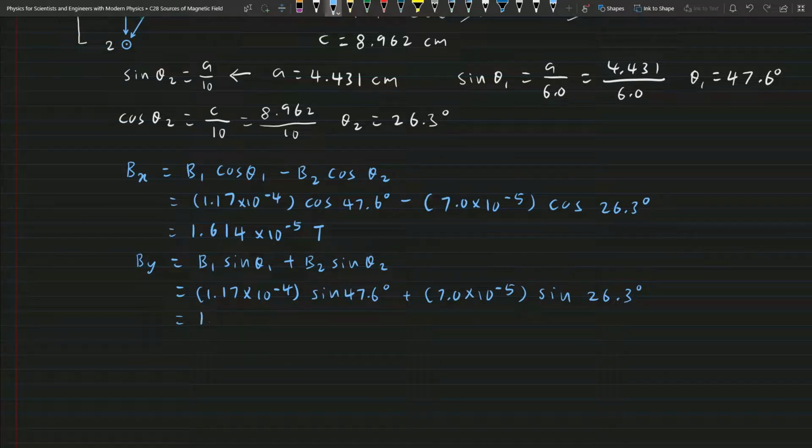I get 1.174 times 10 to the negative 4 Tesla.